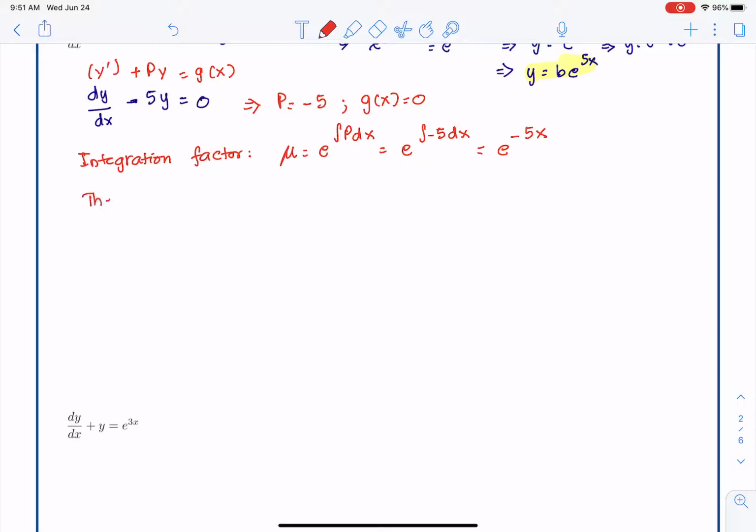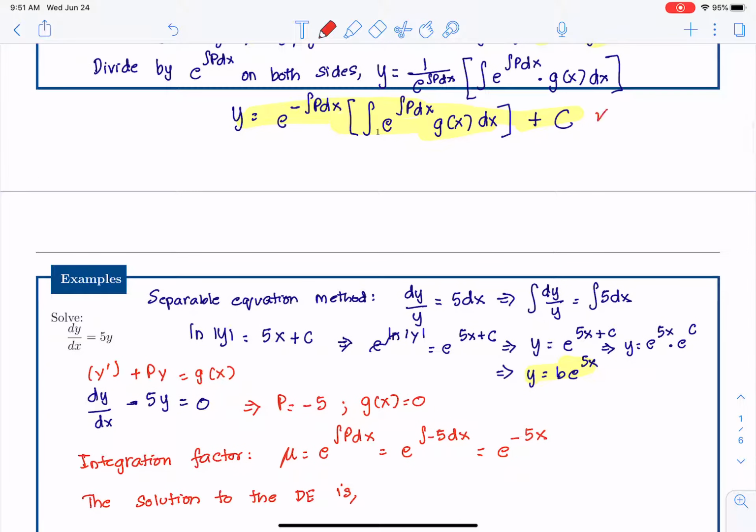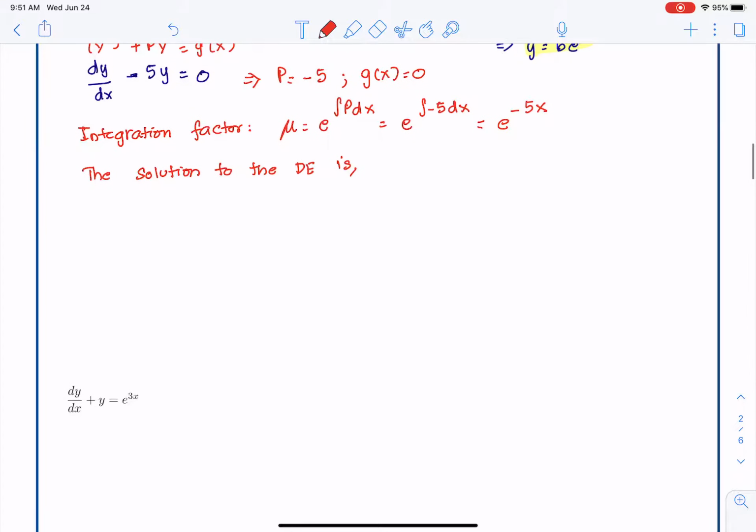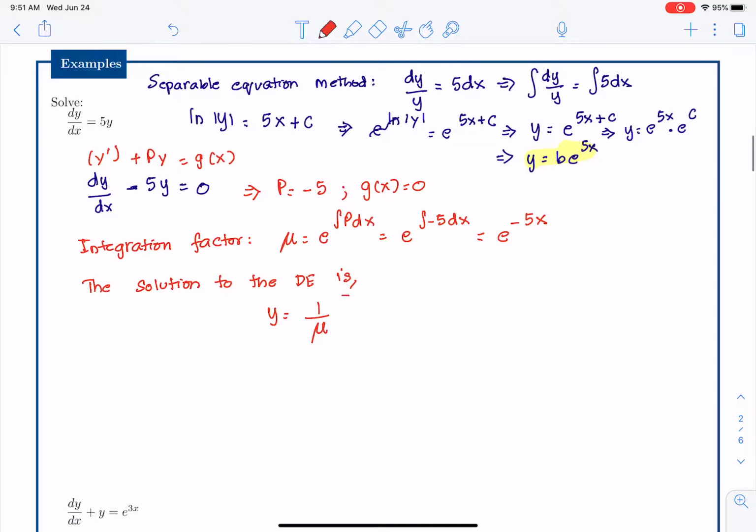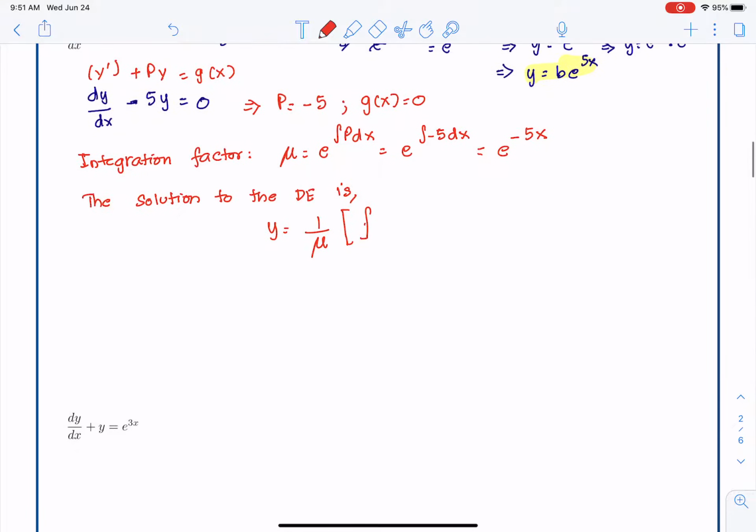So the solution to the DE is y equals 1 over mu. 1 over mu would simply be e raised negative integral p times dx, times the integral of e raised integral p times dx times g of x dx plus c.